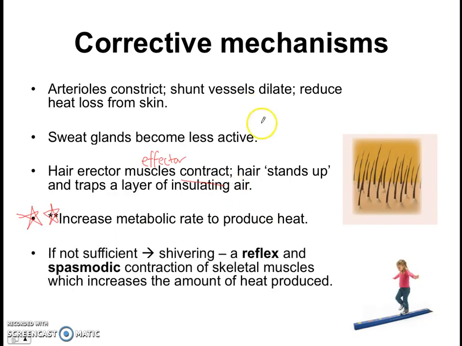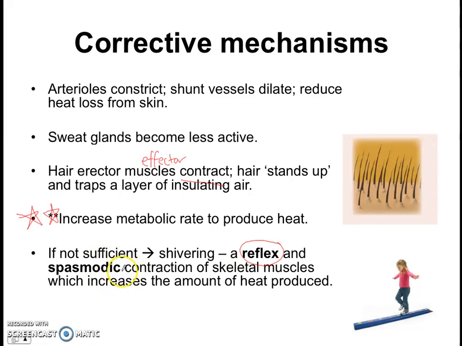And if all of this is not enough, then your body will activate shivering. Now, shivering is a reflex. That means it's not voluntary, it's automatic. It's a reflex, and we call it spasmodic.